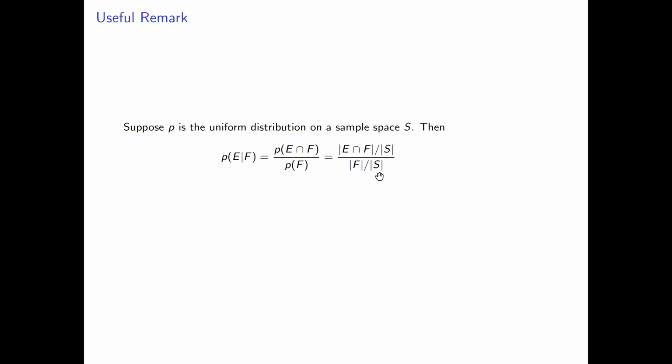And then the terms involving S as before will cancel. So it just becomes the cardinality of the intersection of E with F divided by the cardinality of F. Right? And so this is a useful formula to remember that will make a lot of calculations easier. Unfortunately, this is only valid, remember, when P is the uniform distribution, or else this third step here would not work. So keep that in mind.